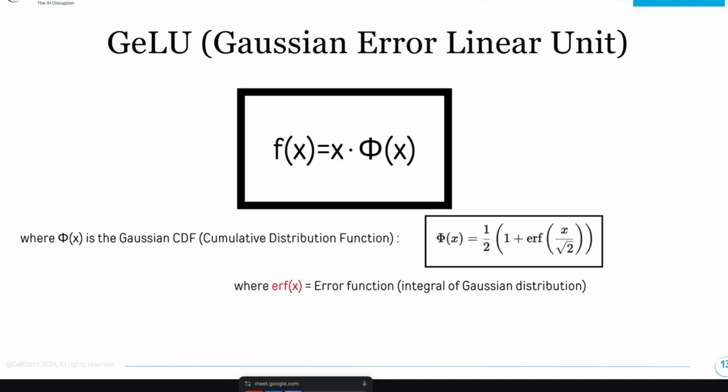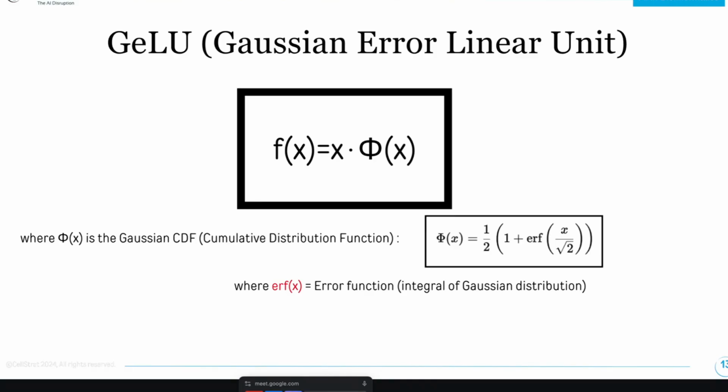So the underlying function is like this. It uses the formula x times phi of x. Phi of x here is the Gaussian cumulative distribution function, represented by half times 1 plus erf of x by root 2, right? The error function is integral to the Gaussian distribution. With the error function, it will smoothly gauge the input based on its probability under a normal distribution.